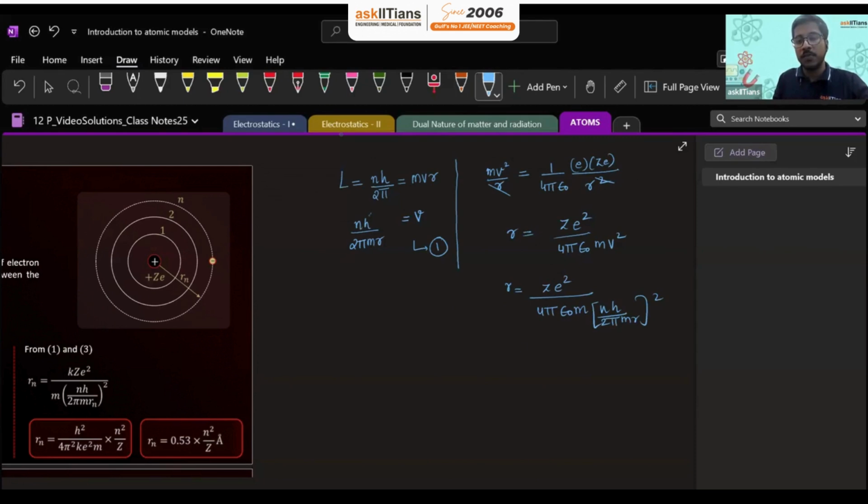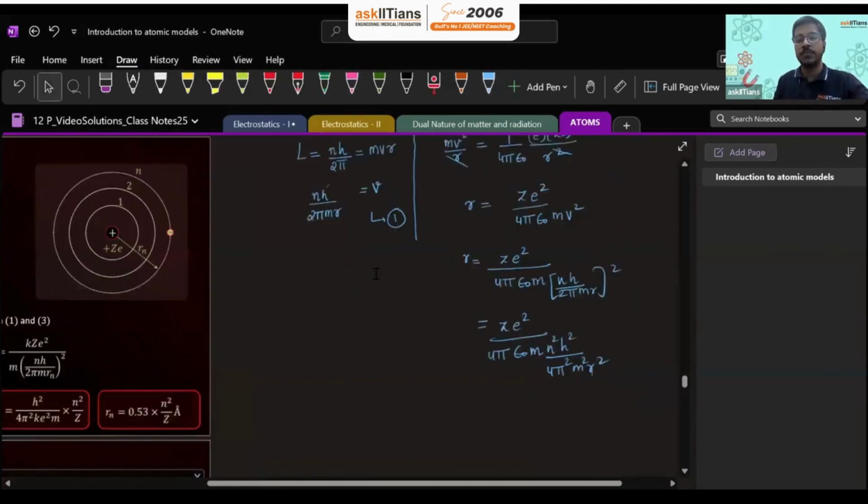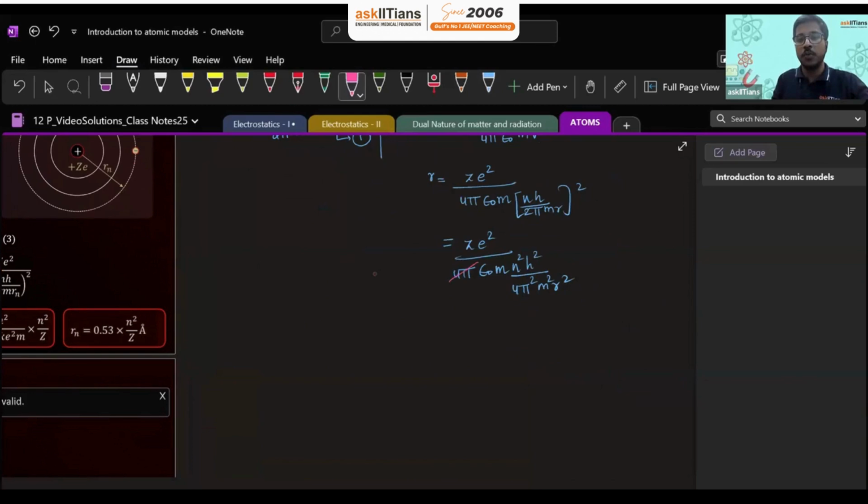So this expression becomes Ze square by 4 pi epsilon naught m times n square h square by 4 pi square m square r square. So I can cancel out some of these terms: 4 cancelled out, pi cancelled out, one of the m's cancelled out.